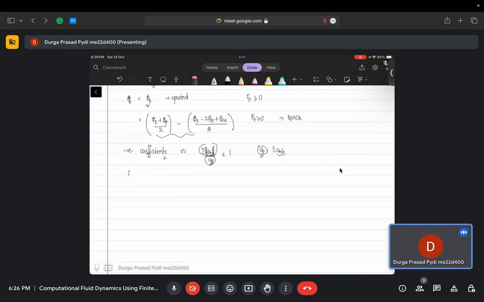I think this is also discussed in the class. So deferred correction approach is discussed, right? Yes, sir. So the idea is straightforward. What you do is, if you want to update something, you consider an upwind one and then you delete it, plus your quick scheme.